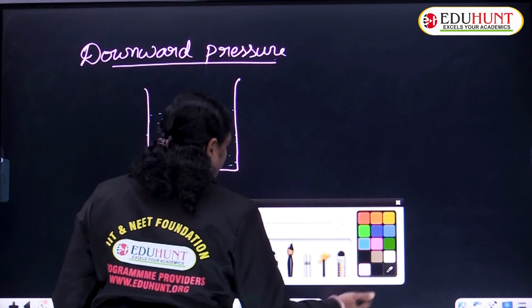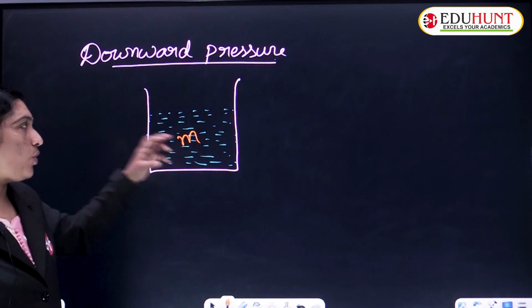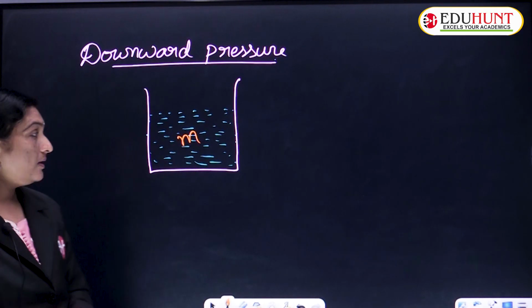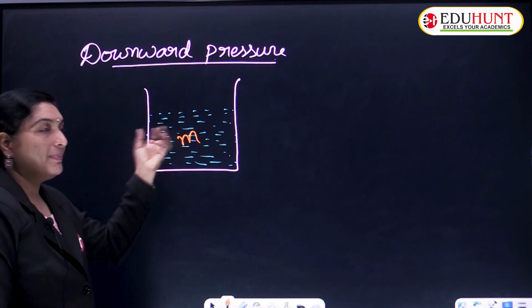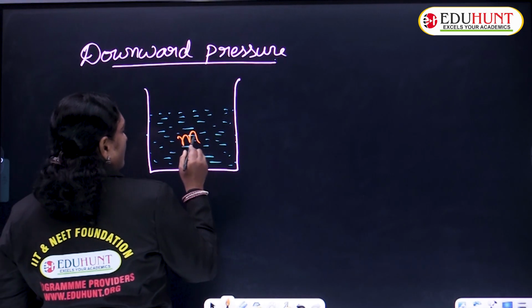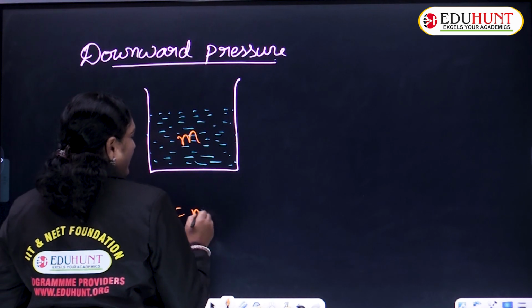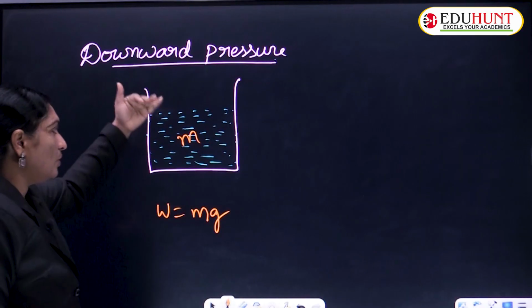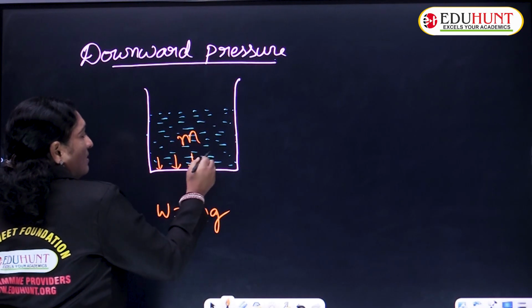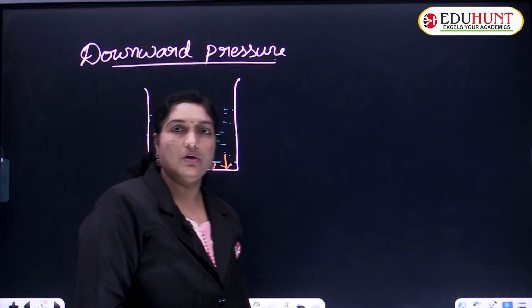Let us suppose the mass of the water present inside the beaker is m. The weight of the complete water acts in the downward direction, and its weight is given by mg. So no doubt this water exerts force in the downward direction due to its own weight.